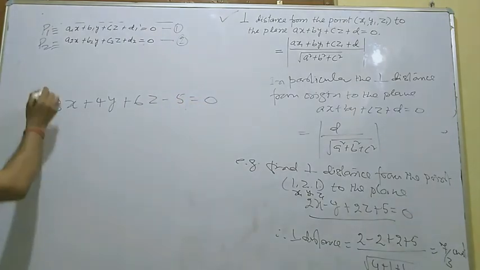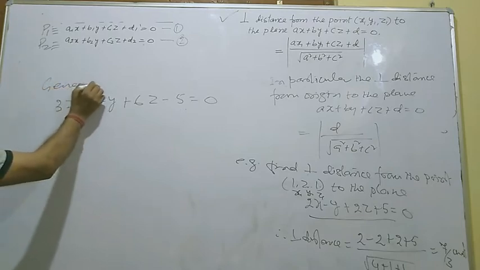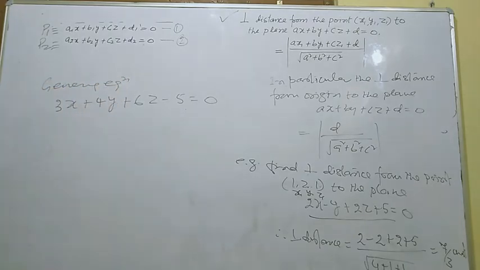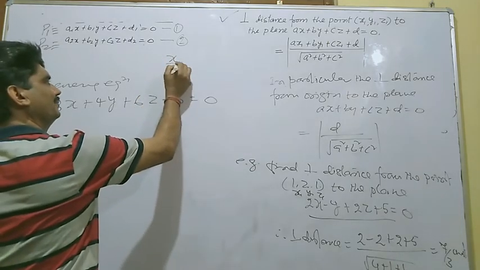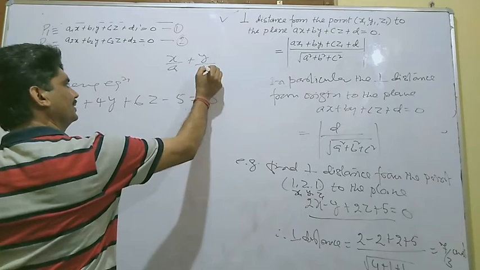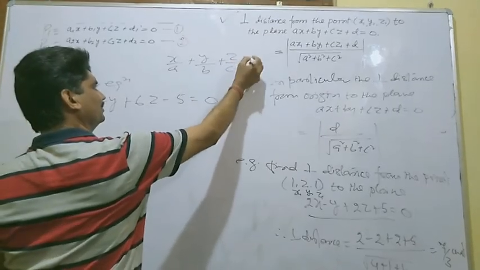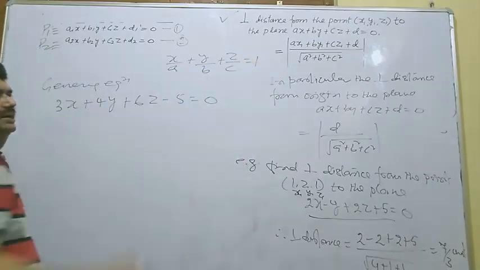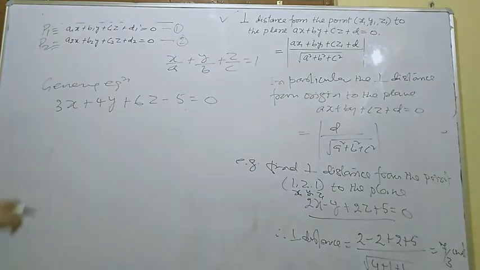This is the general equation of the plane, and we have to reduce it into intercept form. The intercept form is x upon a plus y upon b plus z upon c equal to 1, where a, b, c are the lengths of the intercepts made by the plane on the coordinate axes.